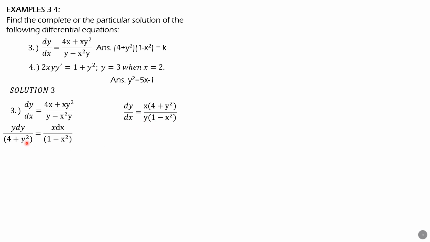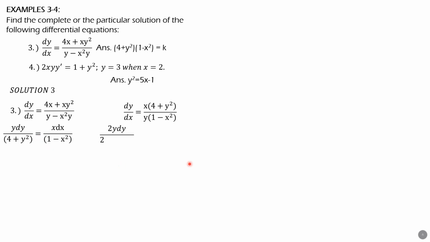Take note that this is very familiar. If we let u be the denominator, then the differential is 2y dy. We only miss 2, which is a constant, so we multiply the whole expression by 1/2. Likewise, if you let v be the denominator 1 minus x squared, the differential is negative 2x dx. So we introduce negative 2 in the numerator and also divide by negative 2.